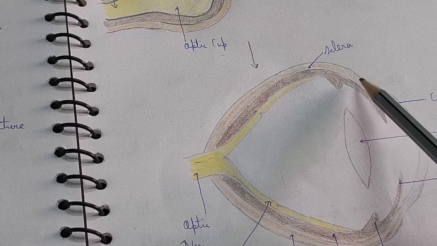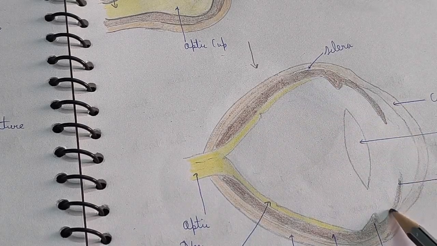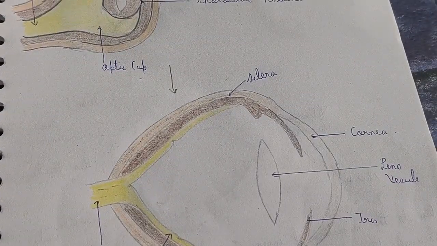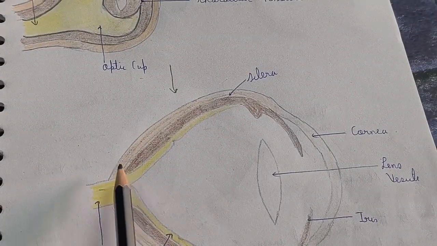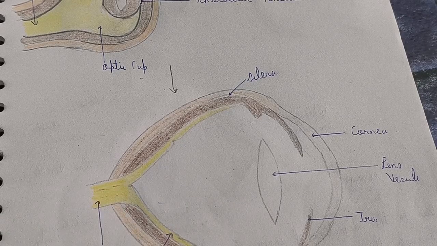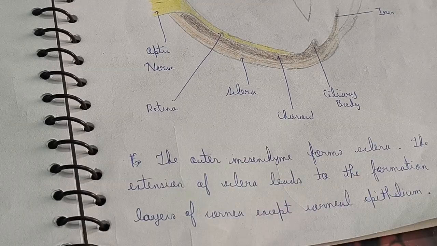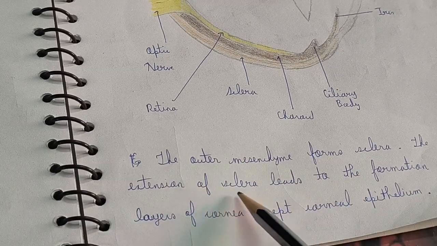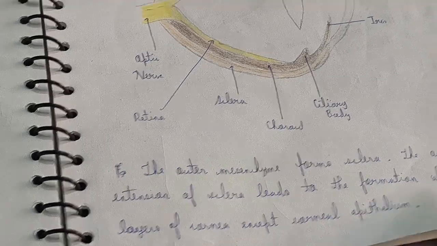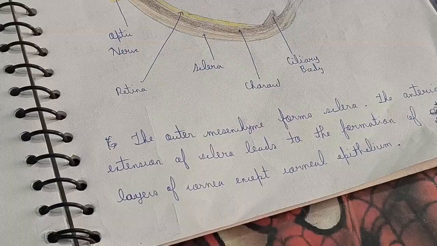Just like the choroid, the anterior extension of the sclera leads to the formation of the cornea, basically all the layers of the cornea except the corneal epithelium, and posteriorly the sclera is continuous with the optic nerve. So I have written that the outer mesenchyme forms the sclera, and the anterior extension of the sclera leads to the formation of all the layers of the cornea except the corneal epithelium.